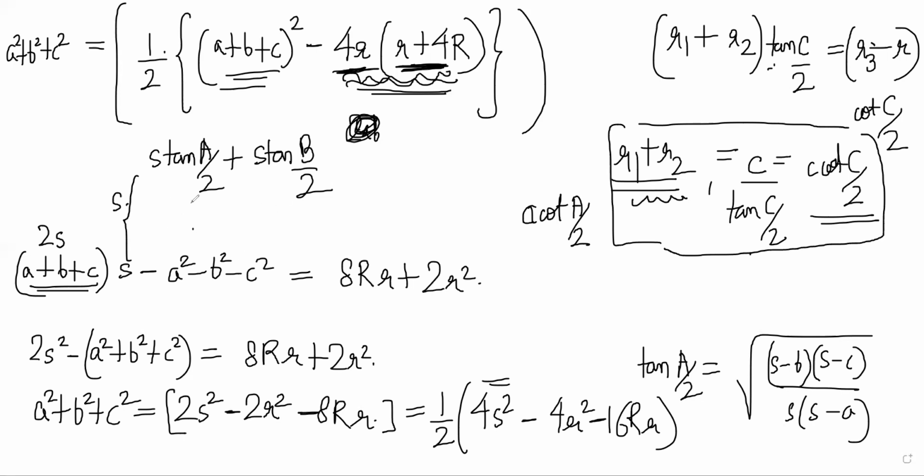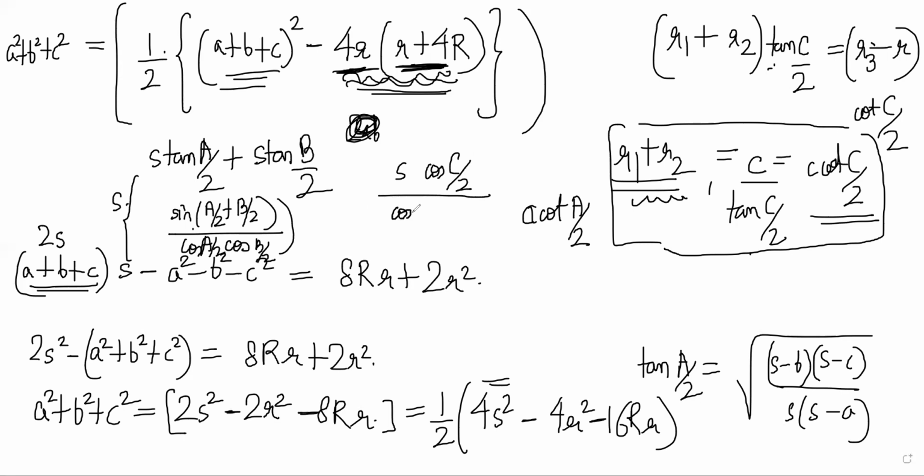So you will get sine A by 2 cos B by 2 plus cos A by 2 sine B by 2, that is sine of A by 2 plus B by 2 on top, divided by cos A by 2 cos B by 2. On top it becomes 90 minus C by 2, so that is cos C by 2.